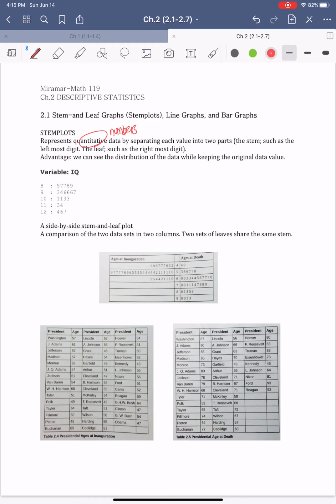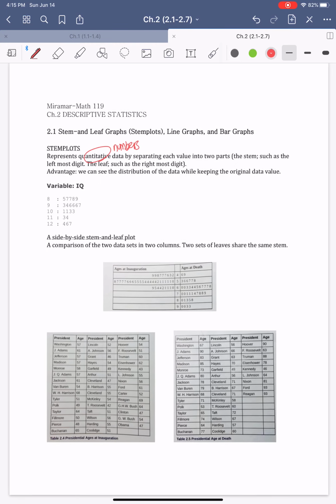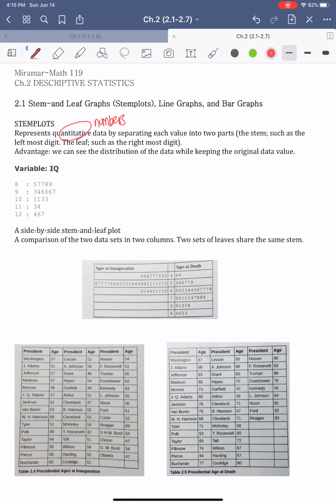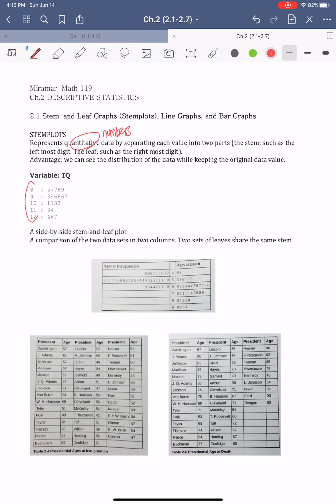So here's an example of a stem plot. Here, the left side numbers are the stem, and this part over here is the leaf.